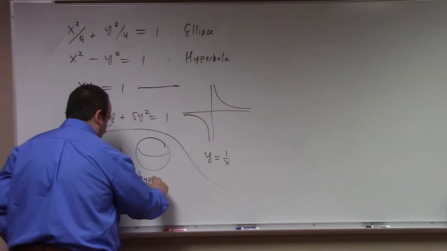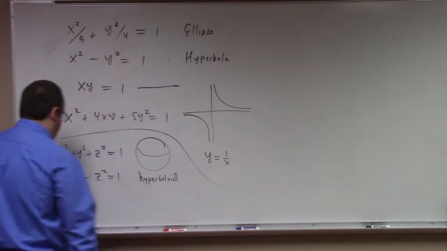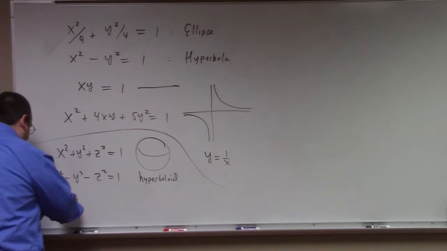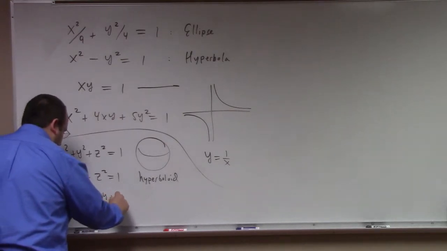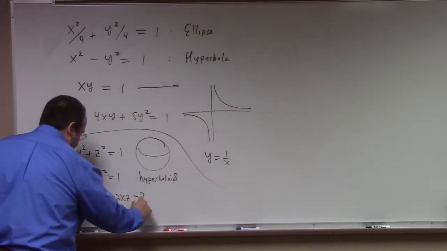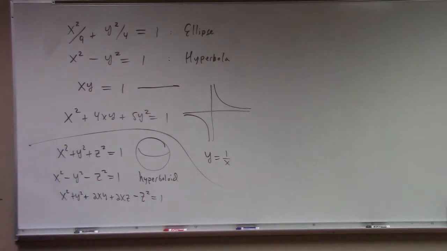But what if you had x squared plus y squared plus 2xy plus 2xz minus z squared equals 1? Nobody knows what that is now, because it's got cross terms. You won't find it on the list of standard examples in your Calculus 3 book. The reason is pretty simple: we need linear algebra to unravel the cross terms. And we have all the tools we need to do it. They're just sitting here waiting for us to use.